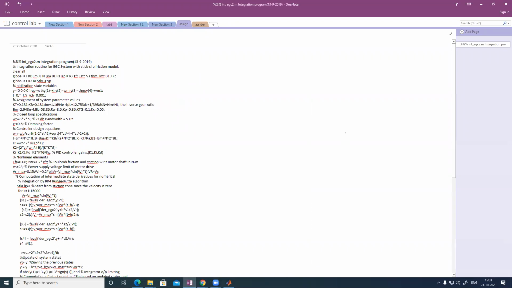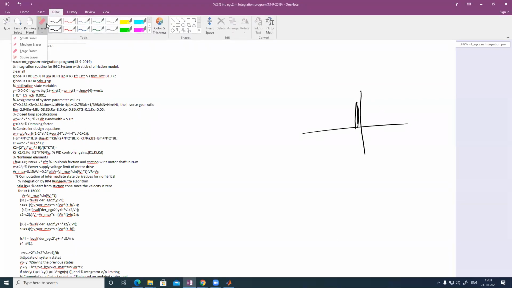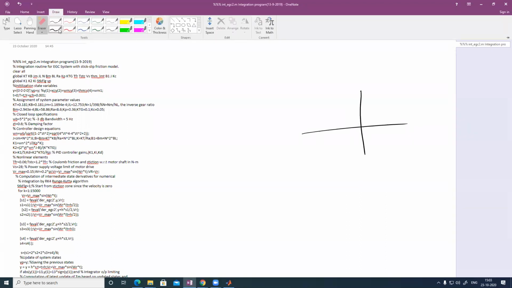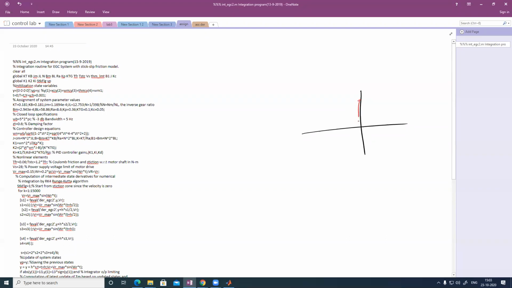if you are in this zone, that is a stick-slip model.